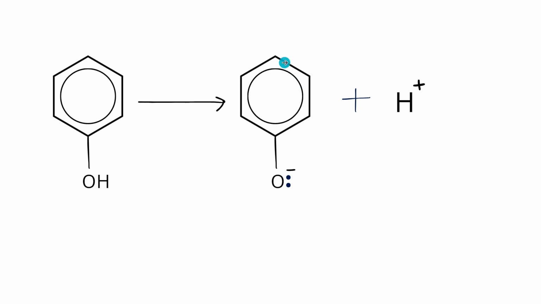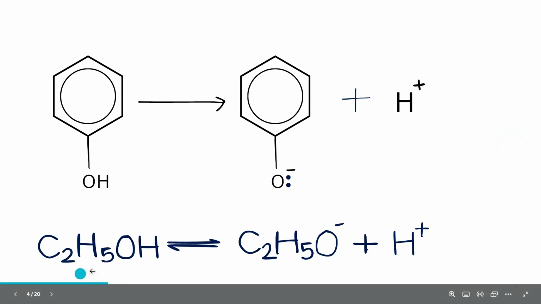And when a product of a reaction is more stable, the reaction is more likely to occur, which means phenol is likely to donate a proton. Meanwhile, for alcohol, the product has an alkyl group attached to this oxygen atom, and an alkyl group has an electron donating effect.